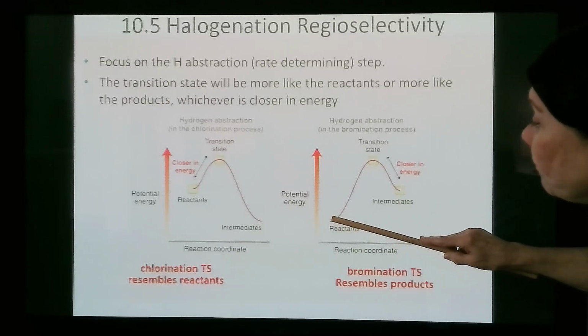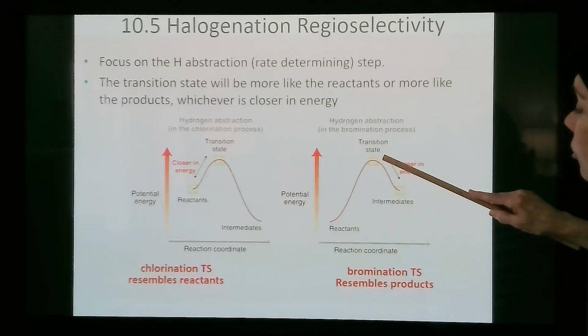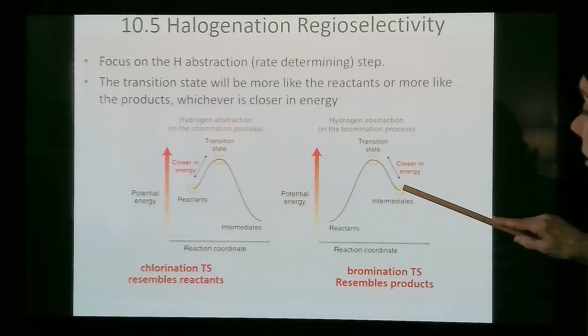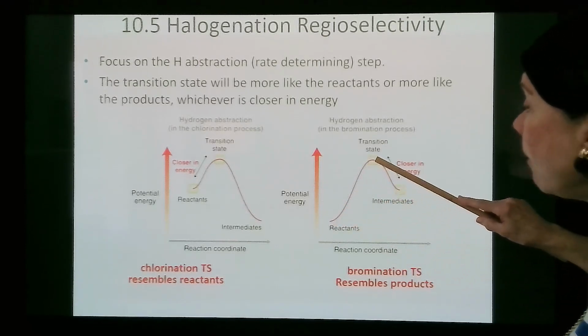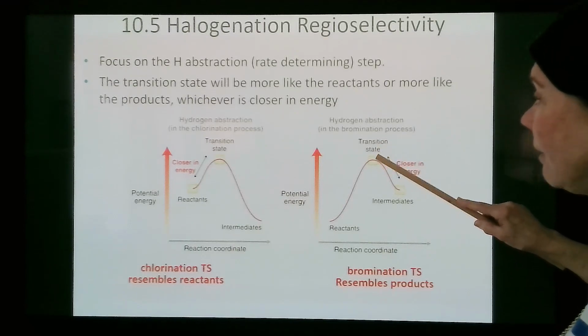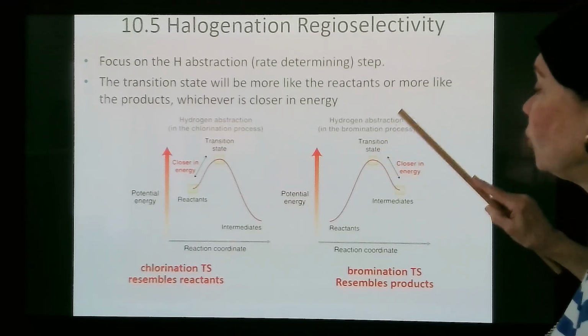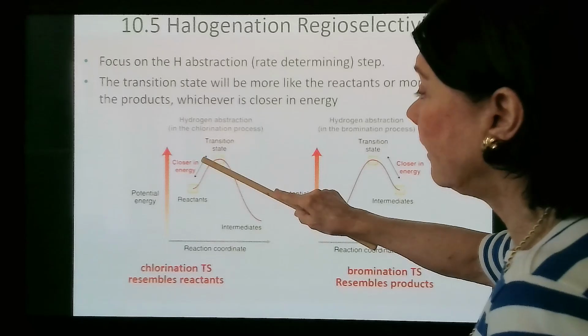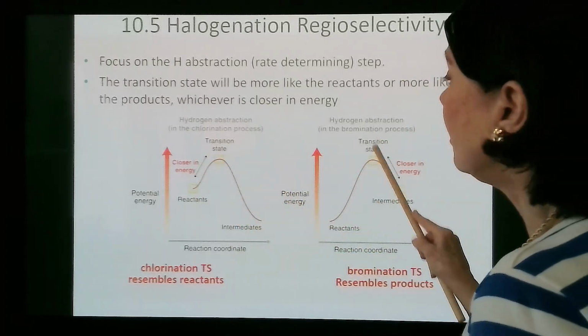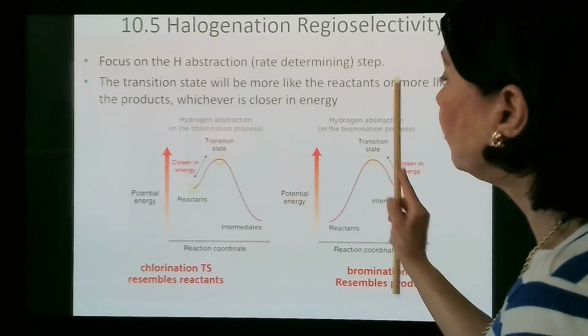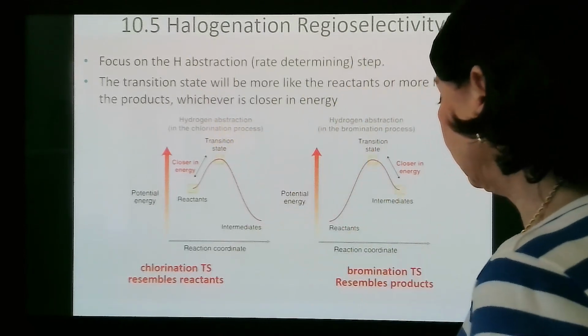And look here, you go up this huge energy hill and down to intermediates. And so the fact that this energy hill is so much higher makes it the opposite. This is very, very selective. This is not very selective. Relatively, this is much more selective. Bromination is much more selective than chlorination is.